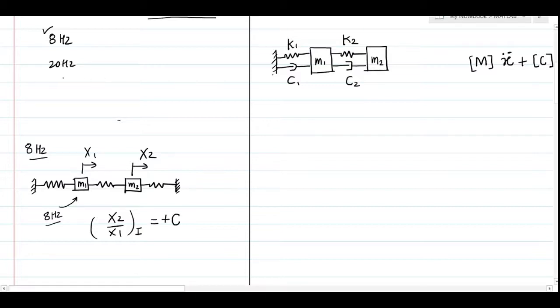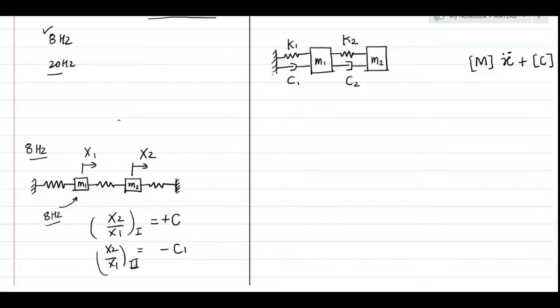Similarly, when the system will vibrate with 20 hertz, these two masses again will have a fixed ratio of amplitude, and that would be defined, let's say C1, but it will be a negative quantity. That will indicate that now the system is vibrating and both the masses are moving in opposite direction. But here I am not talking about the phase or the magnitude of amplitude.